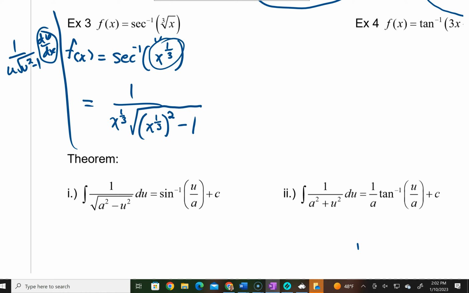What's the derivative of x to the 1/3, guys? 1/3 x to what new power? Yes. Now look at what has just happened with that chain rule, with this right here.